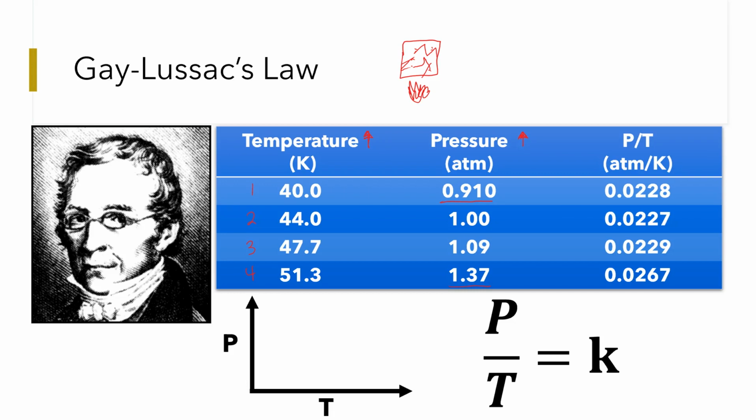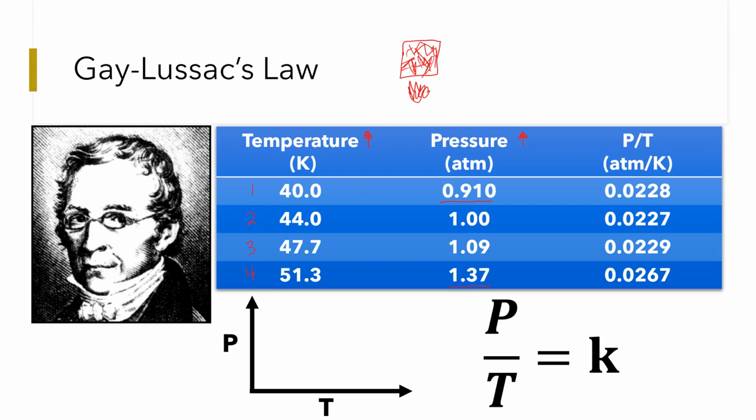This makes sense. In our drawing here, these molecules are moving very, very fast, hitting the sides of the container a lot more. And so that's the definition of pressure, if you recall from yesterday: the force of collisions on the side of a container. So the more collisions, the higher the pressure.